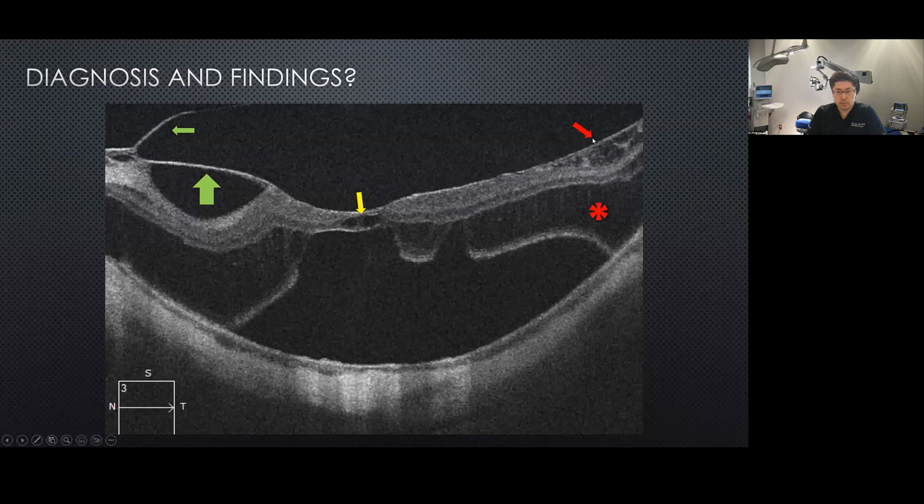You do not want to rip or disturb the retinal nerve fiber layer. And of course, there's subretinal fluid associated with foveal detachment in the case of myopic maculopathy.